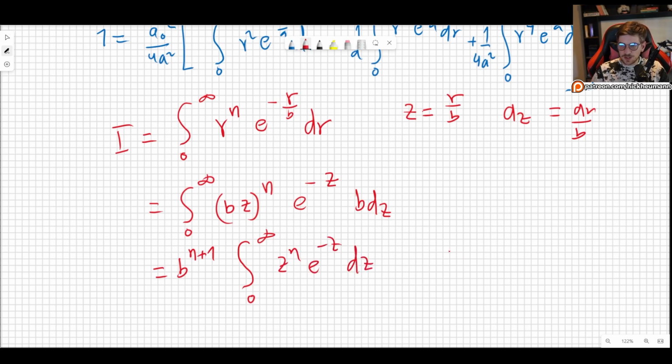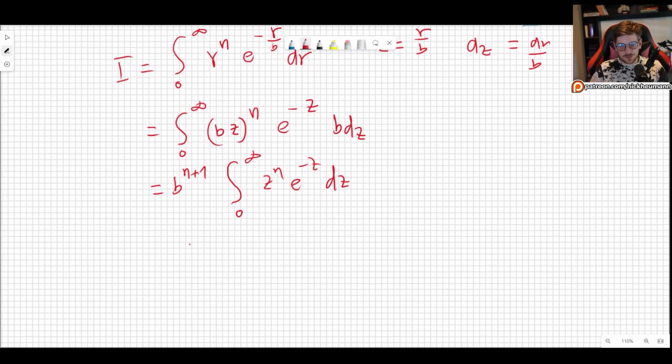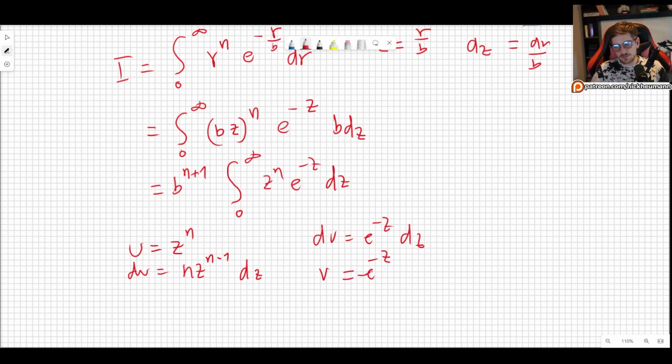So here we now just have to use integration by parts a few times, in fact n times. So what we will get is u is z to the n, du is n times z to the n minus 1 dz. And then dv is going to be e to the minus z dz, and v is going to be e to the minus z with a minus sign.